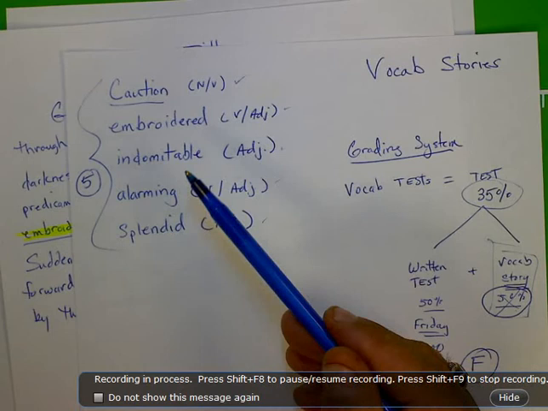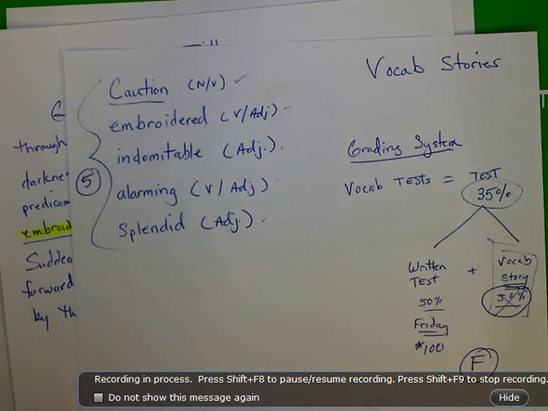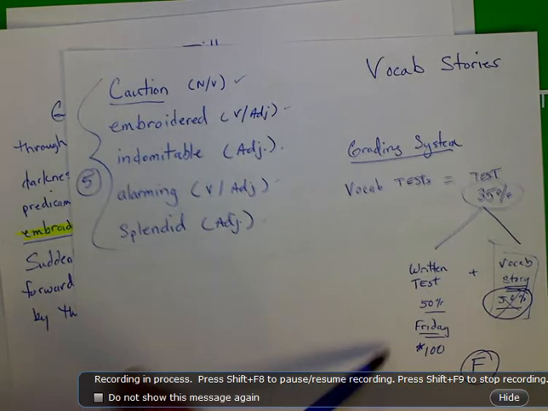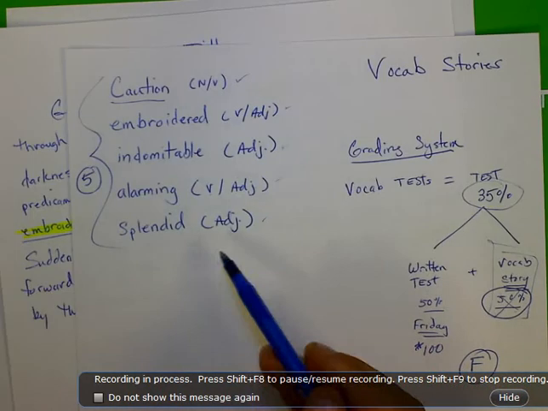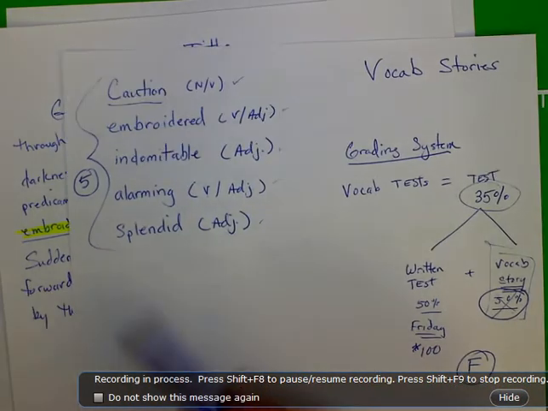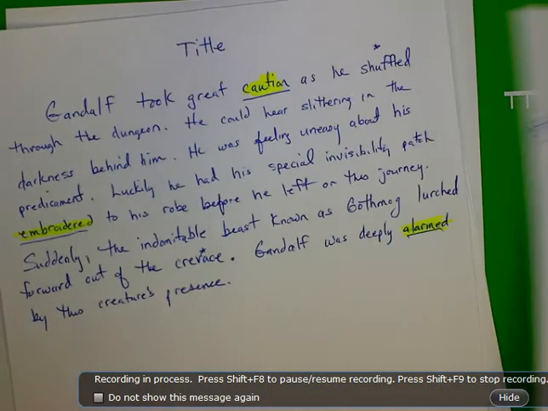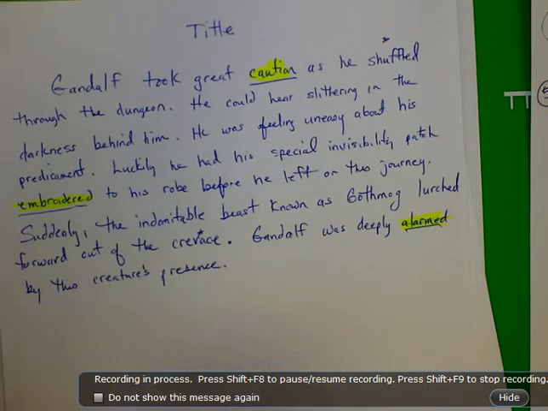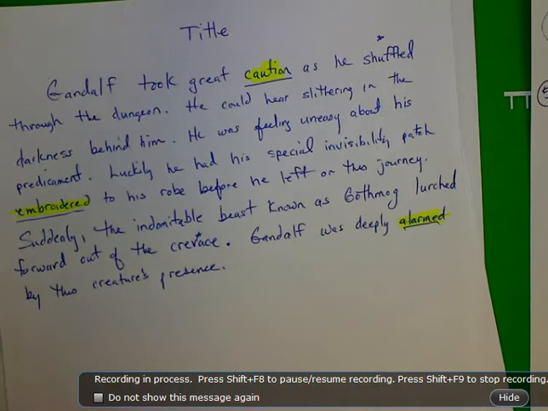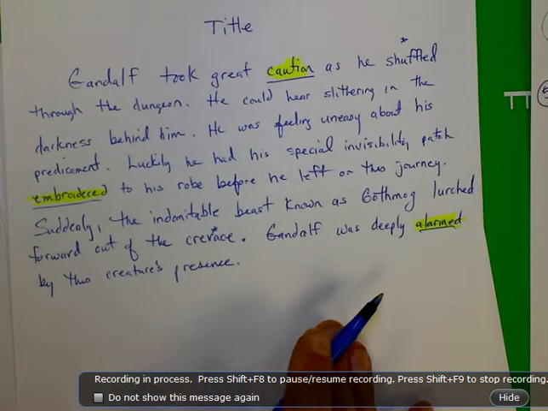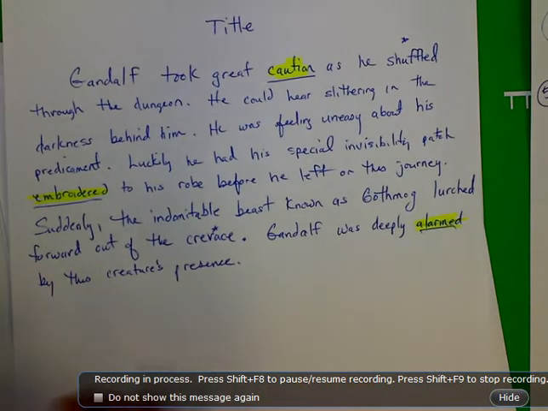Put ER at the end of words often, and that'll change things into, say, a noun. Alarming, we talked about. Splendid. That one sounds pretty where it should be as well, which is our other word right now. But I don't want to use it right away because then my story feels like it should be over. Doesn't have to be.